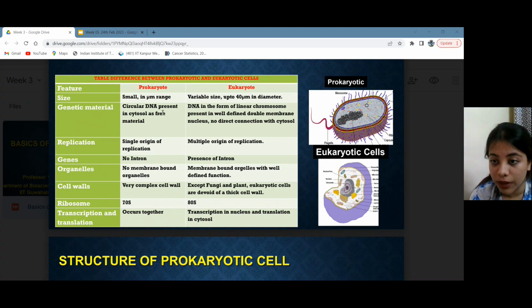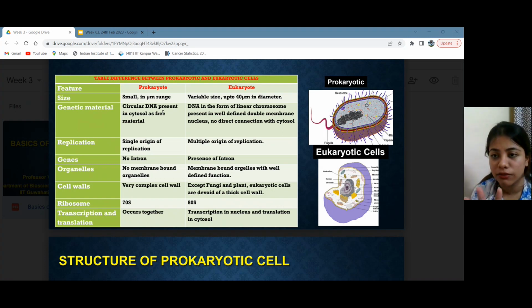The ribosome is also different in terms of its sedimentation coefficient, which is 70S and 80S respectively, and also the processes of transcription and translation do not occur in separated compartments for prokaryotes. Co-transcriptional translation is what takes place in prokaryotes, whereas in eukaryotes they are separated in the nuclear and cytosolic compartments exclusively.